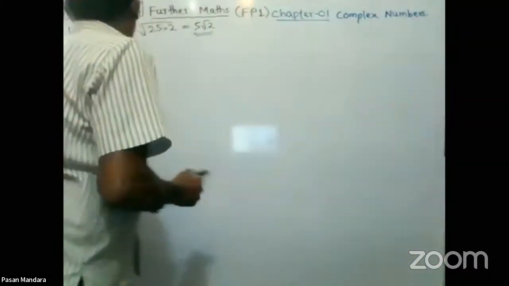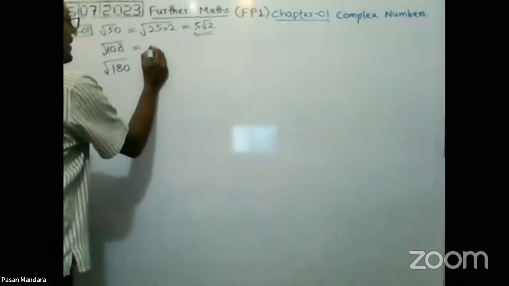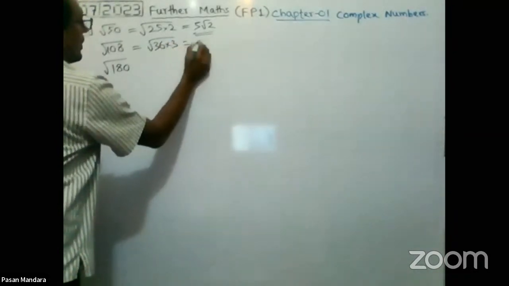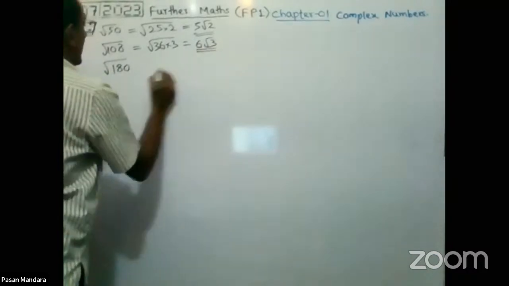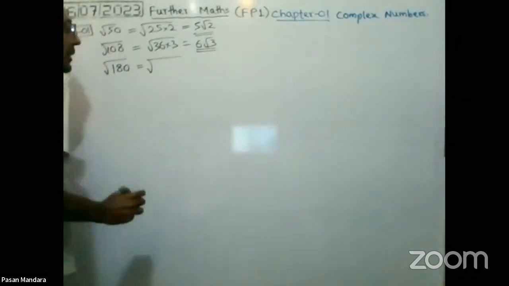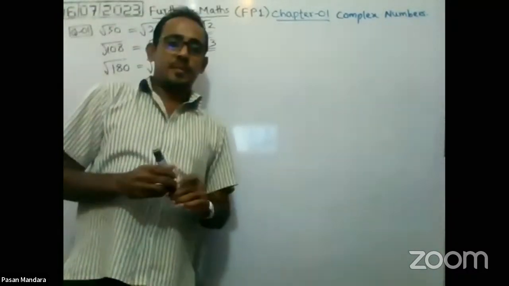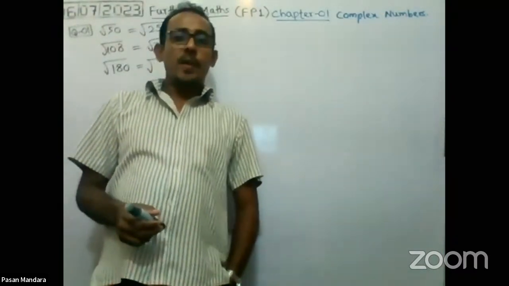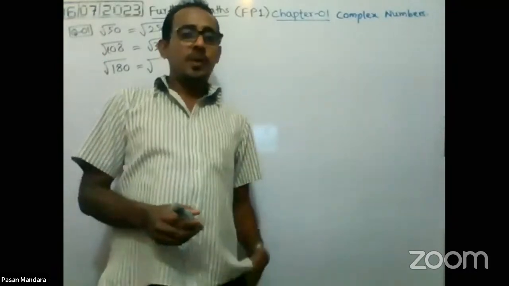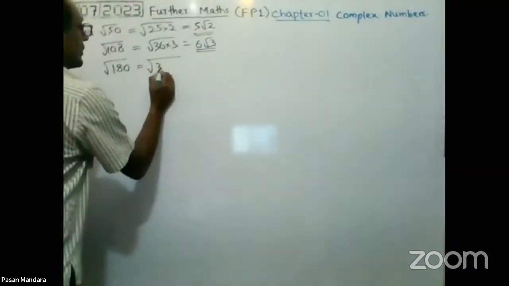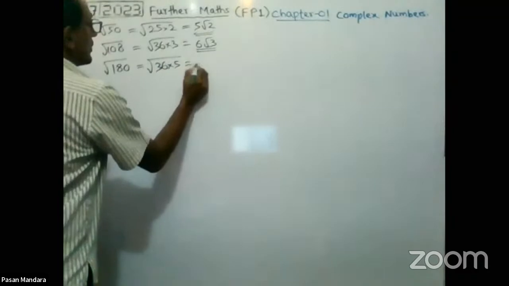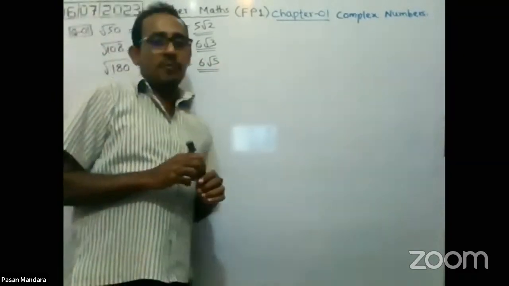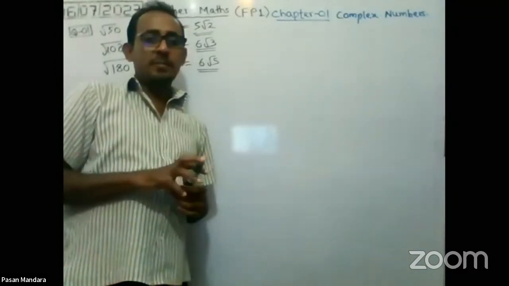Okay, so in 180, it is 36 into 5. Inside 180, if you see 9 into 20, that is 36 into 5. Now I'll give a tough one, mixing them.